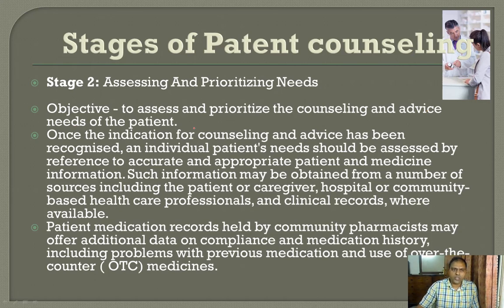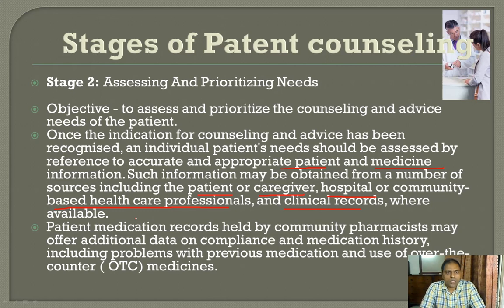Once the indication for counseling is found at the first stage, and the patient needs counseling, you have to gather the medicine information and patient information. These can be obtained from the patient, caregiver, hospital or community-based healthcare professionals, other pharmacists, or clinical records.